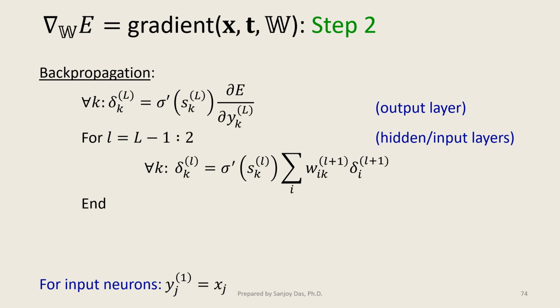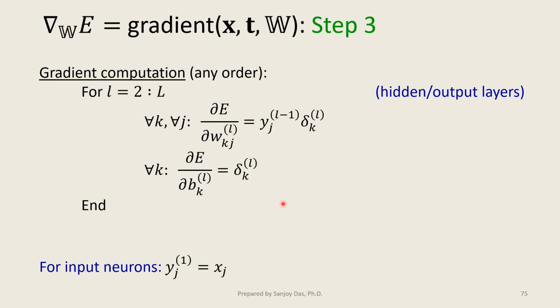We proceed backwards. And then we can compute the gradient either through a forward pass or a backpropagation. Either way is fine. All we have to do is multiply the deltas with 1 for the bias and with yj's. So we get the partial derivatives of the loss with respect to all the weights and the biases in this manner.